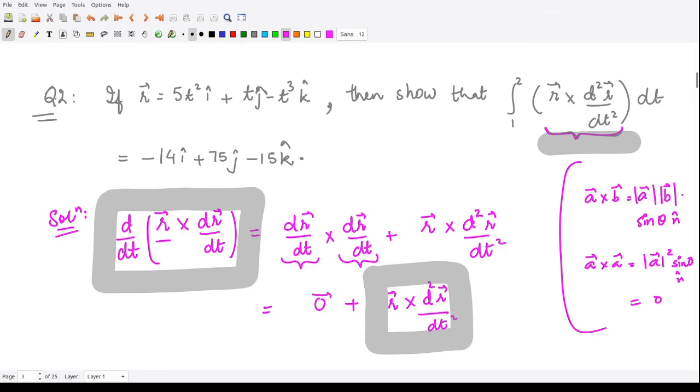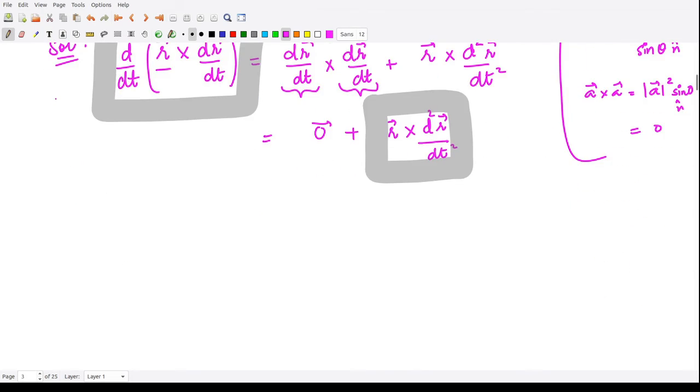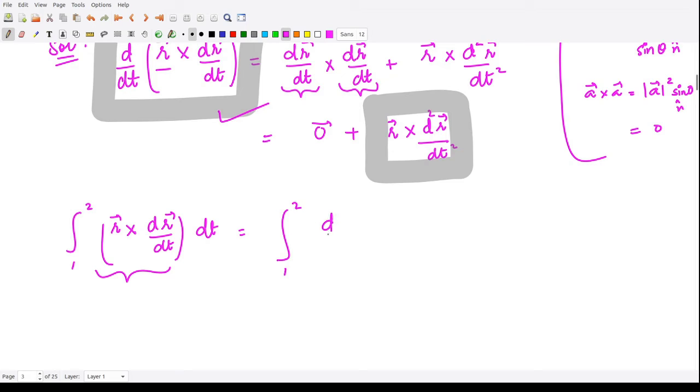If you substitute it in place of the given quantity, we are to calculate in the question the integration from 1 to 2 of vector r cross d2r by dt2. So this quantity could now be written as the integration from 1 to 2 of d by dt of the vector r cross dr by dt. So now the differentiation and the integration nullify each other's effect.